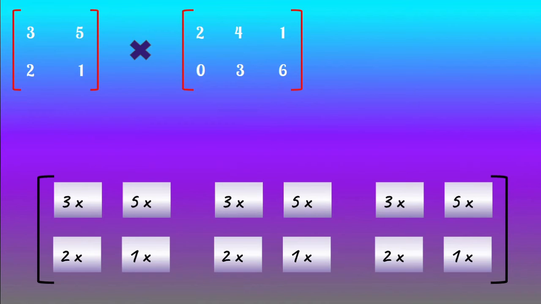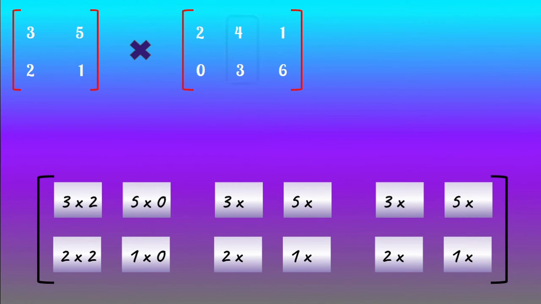In our multiplicand matrix, we take the values on the first column, since we have to move from top to bottom. We arrange them along the first column in our resulting matrix, placing the first value 2 here, then the second value 0 here like this.